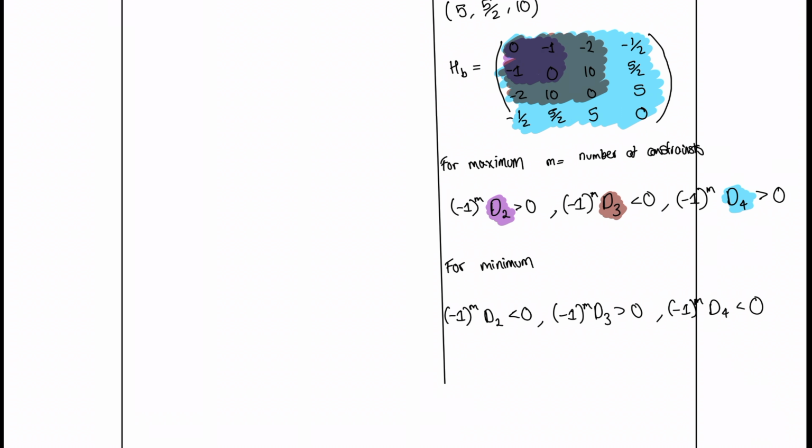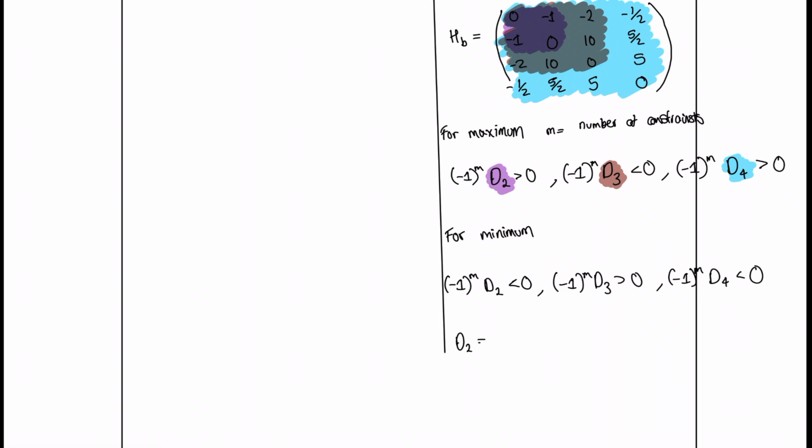If we start by doing this, D2 is equal to the determinant of 0, minus 1, minus 1, 0, which gives us 0 minus 1, which is minus 1. D3 is equal to the determinant of 0, minus 1, minus 2, minus 1, 0, 10, and minus 2, 10, 0.